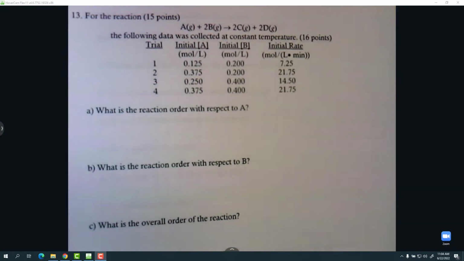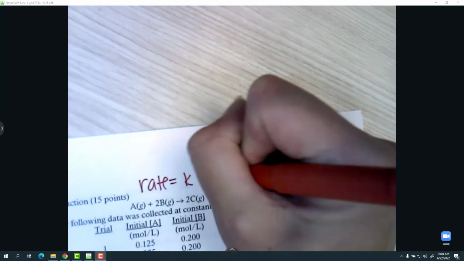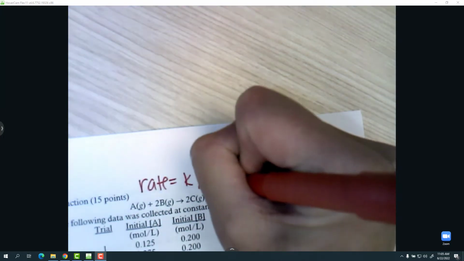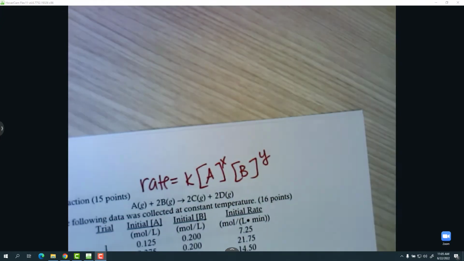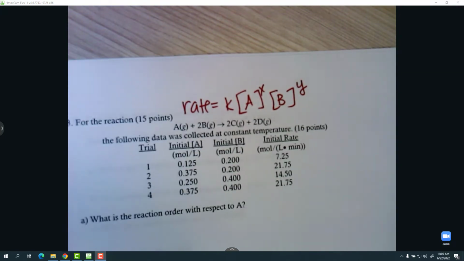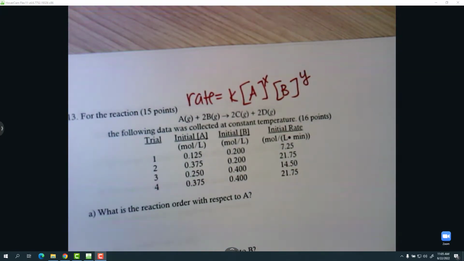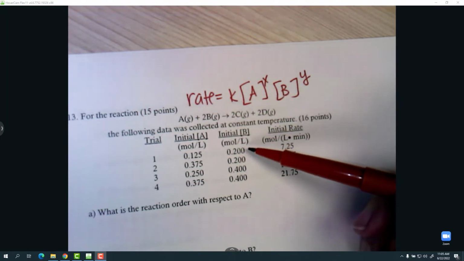Now here's a kinetics problem where we're actually figuring out the rate law. Remember that we can always start with the generic rate law. Rate equals K times reactants, A and B in this one, raised to some powers. And what we're trying to do in the first part is figure out x and y. So the order with respect to A, I'm going to pick which ones I want to plug in. Let's see, I want A to change and B not to change.